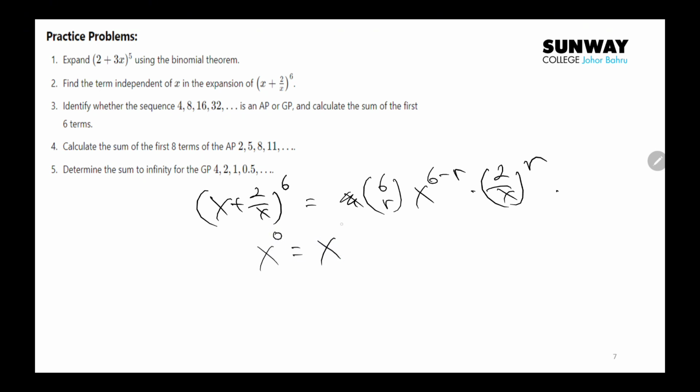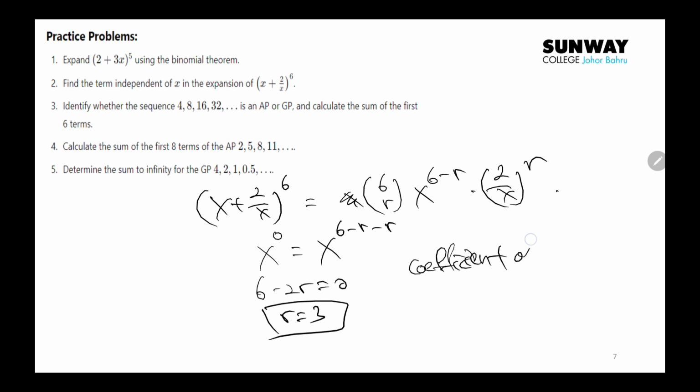So 6 minus 2r equals 0, r equals 3. So it will happen when r equals 3, or during the fourth term. When r equals 3, the coefficient of the independent term is going to be 6C3, 2 to the power of 3. Press the calculator, then you will be able to get the answer.